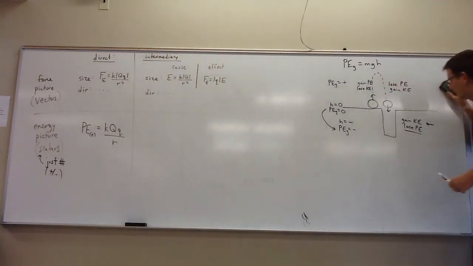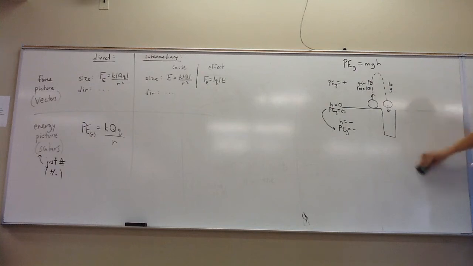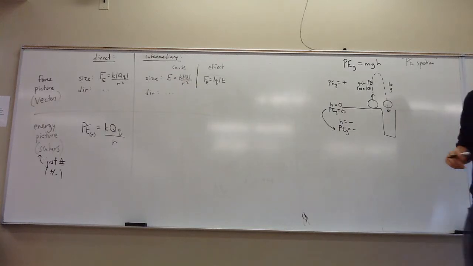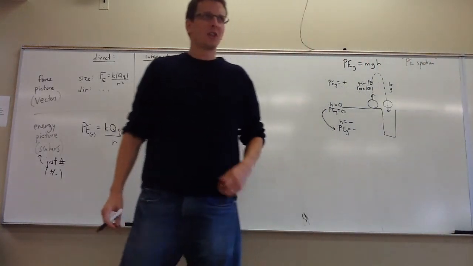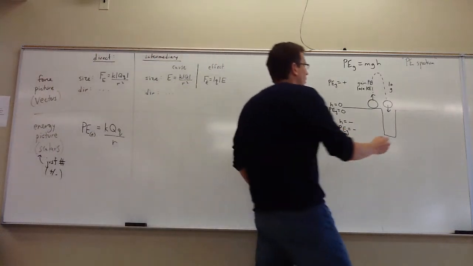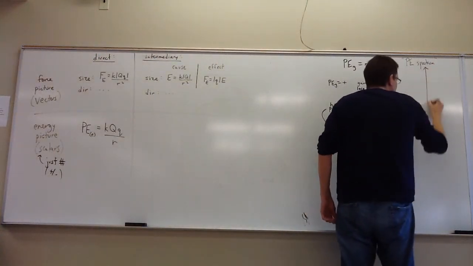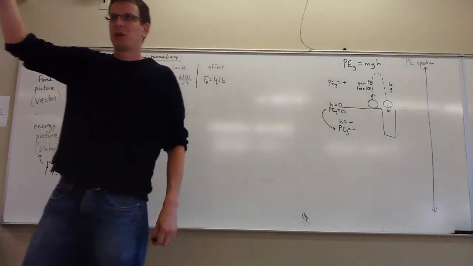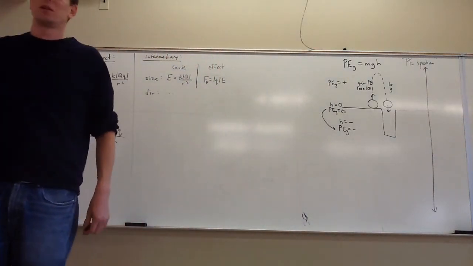So what I'm going to do here is draw what I'll call the potential energy spectrum. And in honor of gravity, which is our first experience with potential energy, I'm going to draw the arrow vertically like this. Because then it's just kind of nice, because higher on the board is more potential energy and lower on the board is less.